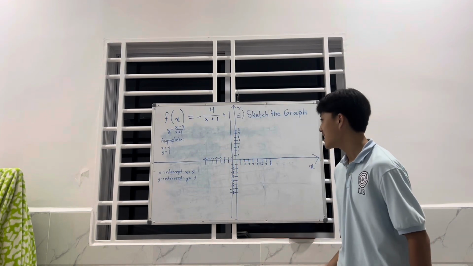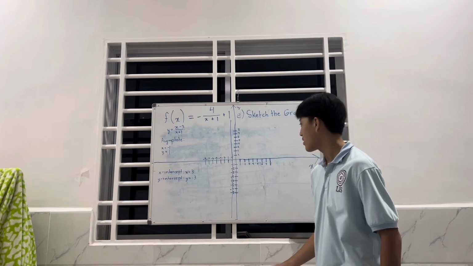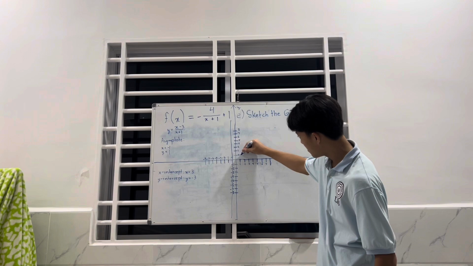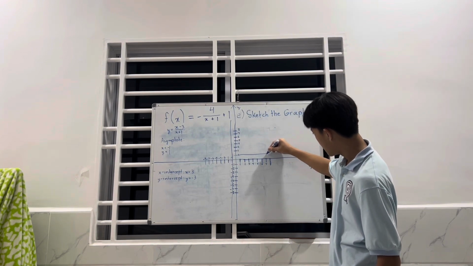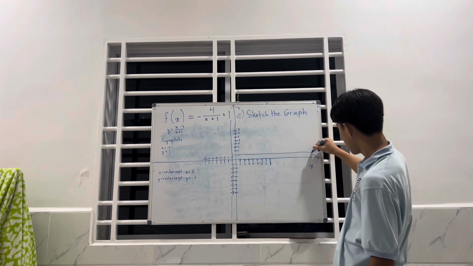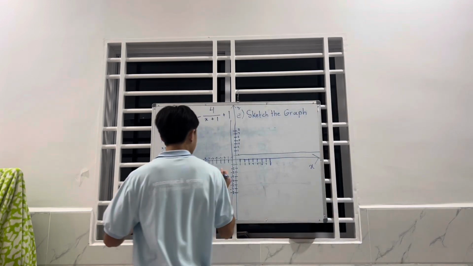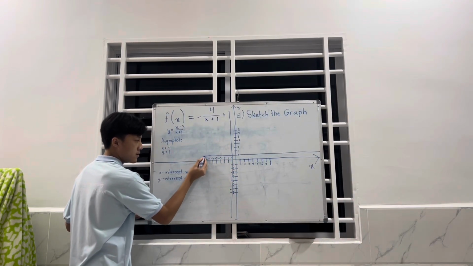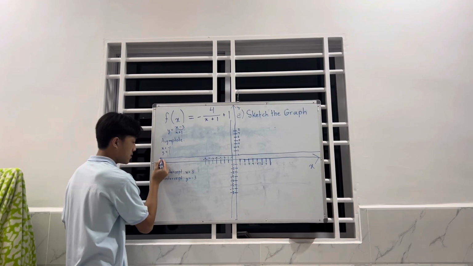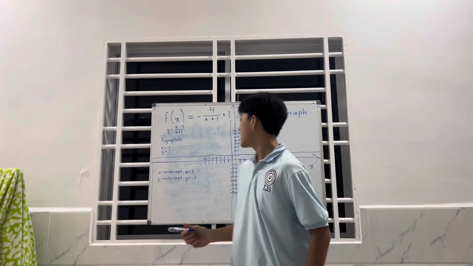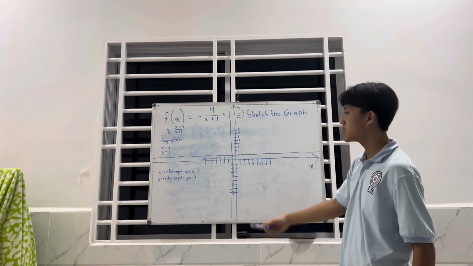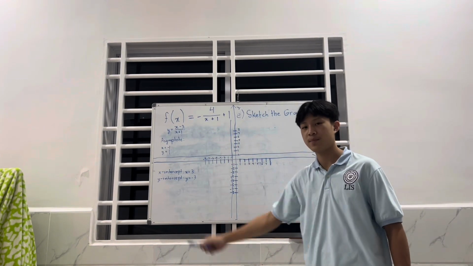Just like that. Now y equals 1. Where is y? Here. This is basically the line where the function cannot touch. Why? Because it is the asymptote.